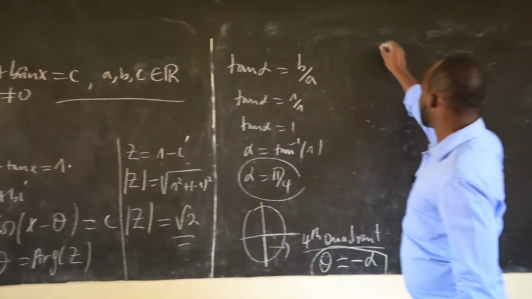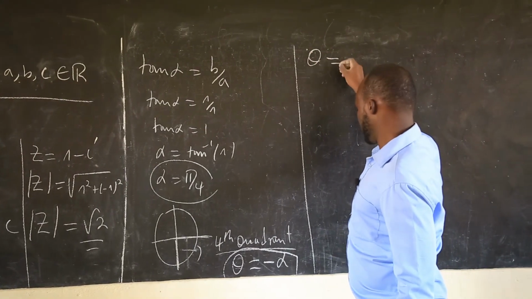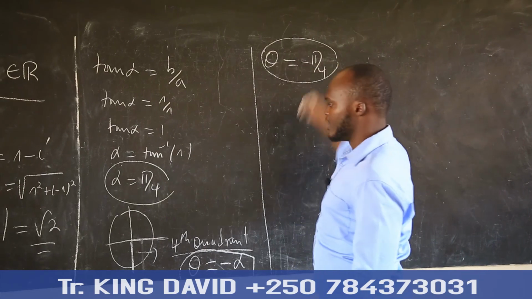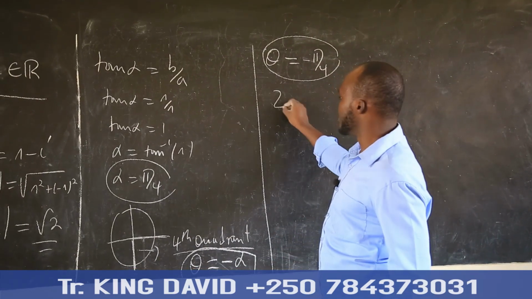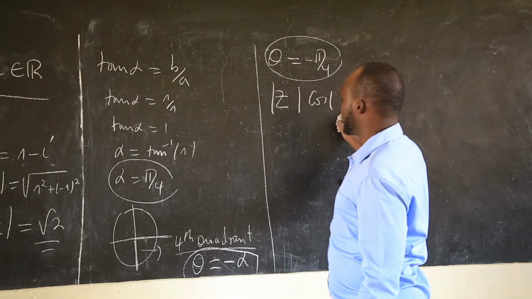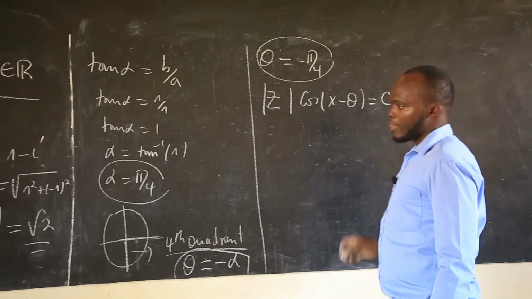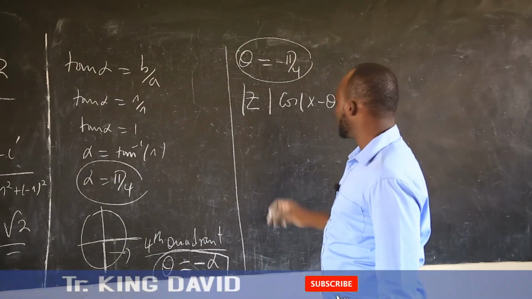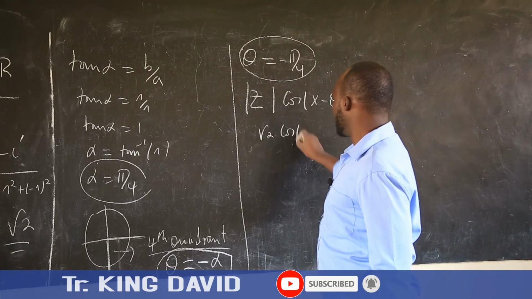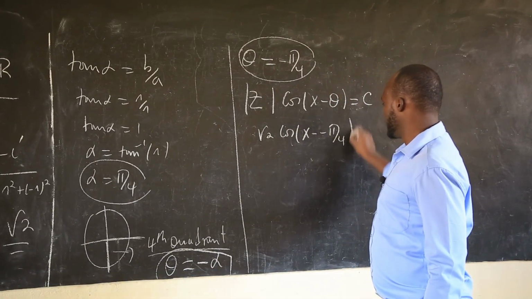Meaning that our angle, which is the argument of z, will be negative pi over 4. So we come back to this formula: the magnitude of z cos of x minus angle equal to c. So the magnitude of z, which is root 2, cos of x minus pi over 4 equal to c.